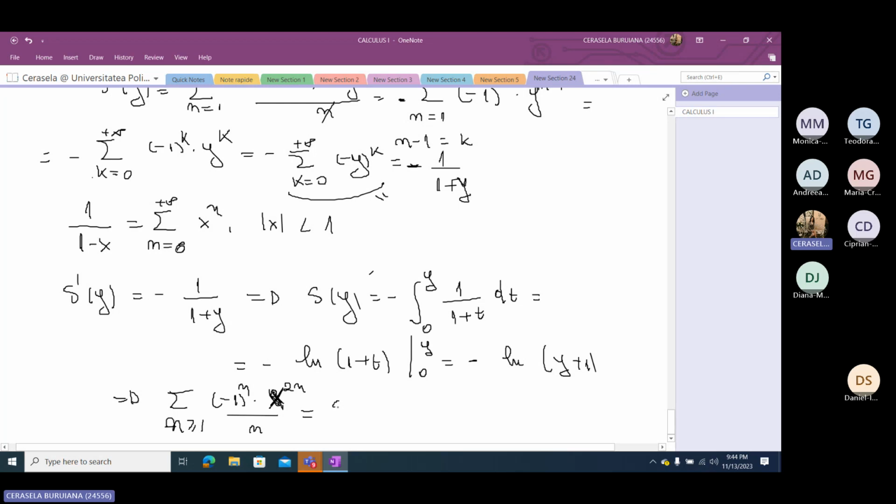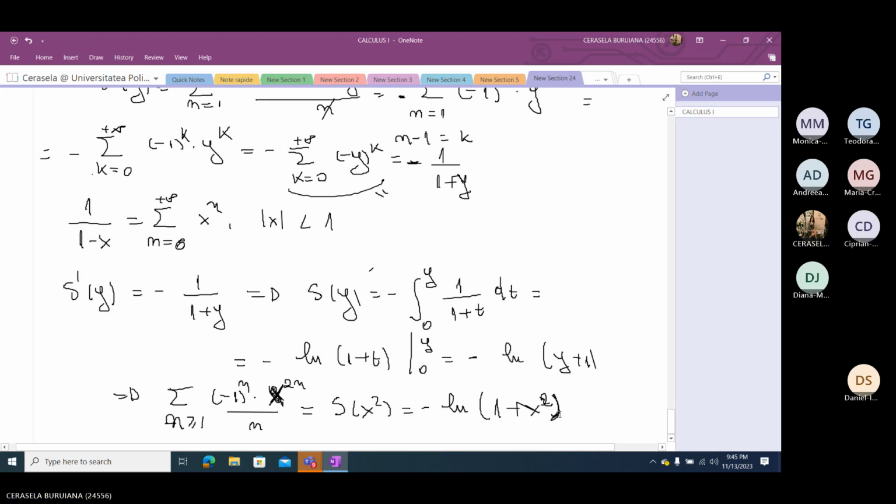That's exactly s of x squared, but by replacing y with x squared, I get everything minus the logarithm of 1 plus x squared, and that's it. We finished. So the sum of the series is exactly minus the logarithm of 1 plus x squared.